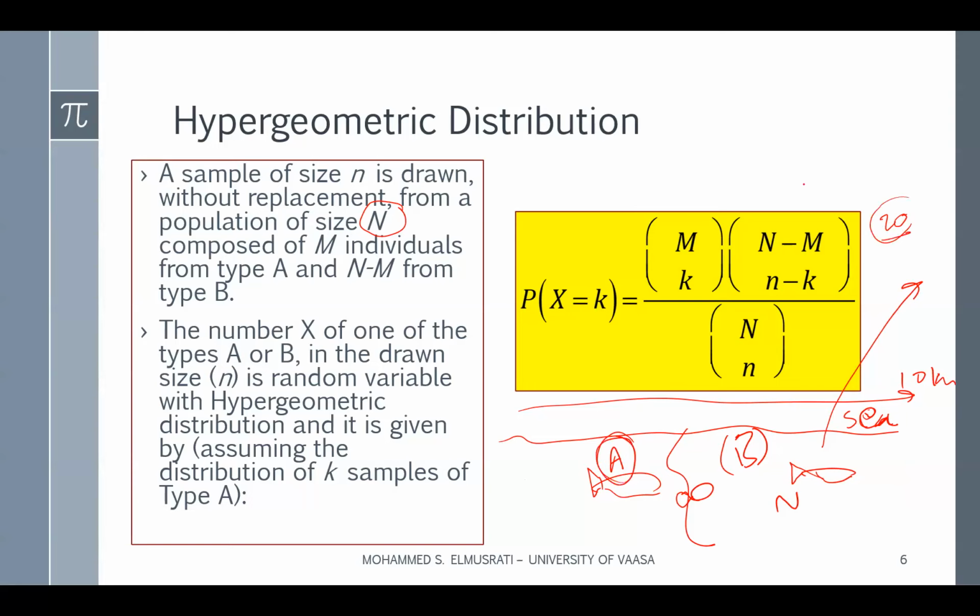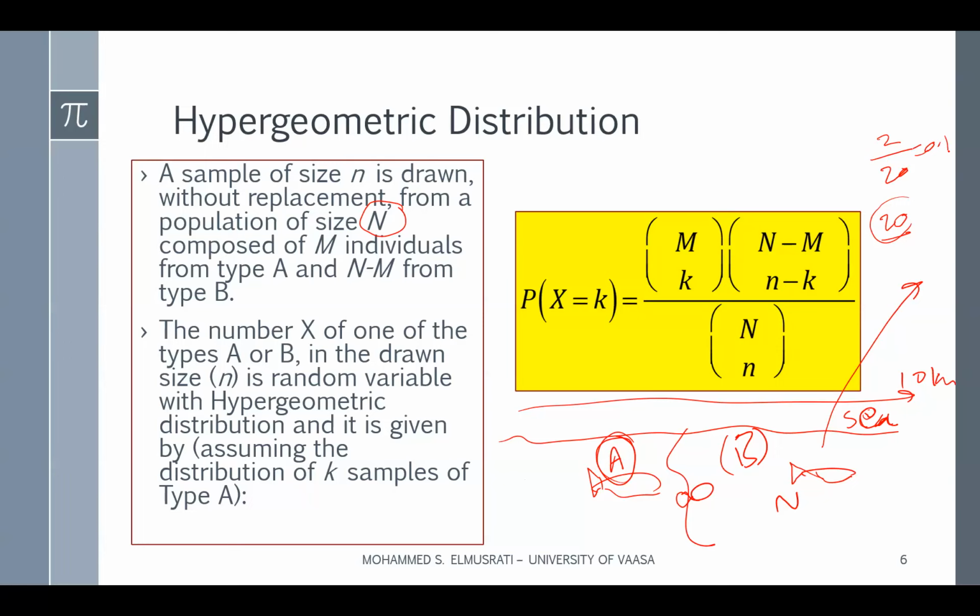For example, we found that there were only 2 fishes from kind A. So the probability of having A out of this 20 is 2 divided by 20, and this equals 0.1.